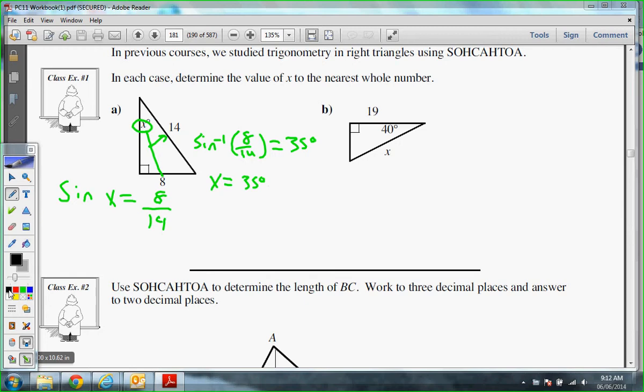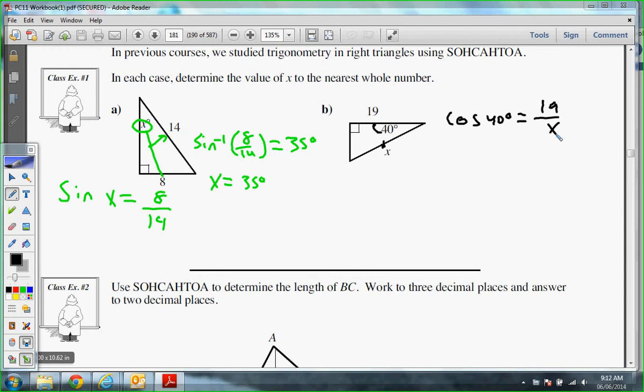Okay, and then in part B, again, we have adjacent this time, and we have hypotenuse. So we want to use cosine this time. But I have the degree. So this time I have cosine of 40 equals 19 over x. Got to do a little algebra here.